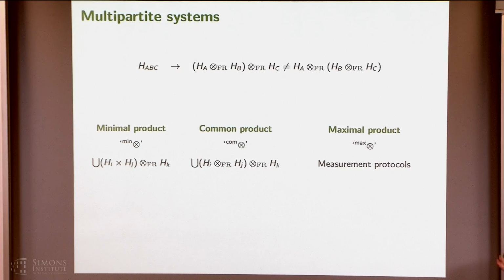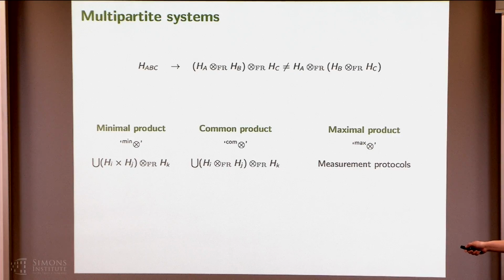I unfortunately don't have the time to go into detail on what each of these products is, but the main idea is that all of them have the same set of vertices, which is the Cartesian product of the vertex sets. They do differ on the hyperedges.